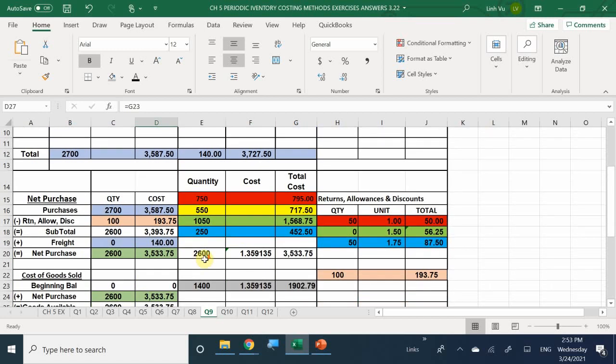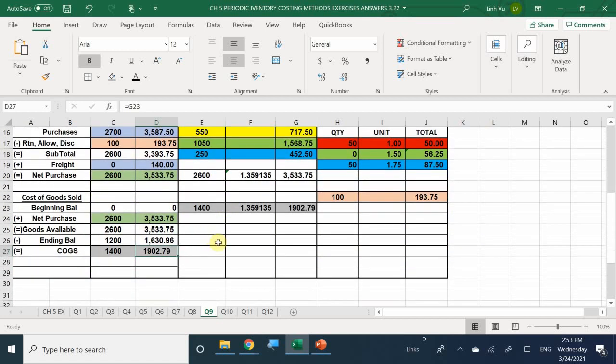Just as long as you understand at the end of the day, when we're doing weighted average, this is the only one that you don't necessarily need any colors. All you need is your total goods available, quantity, and your cost, and you can solve everything from there. Okay? All right, other than that, if you guys don't have any other extra questions, we're going to go ahead and go on a break.